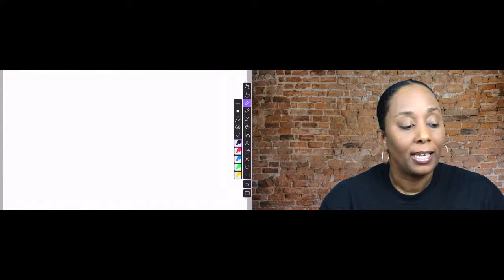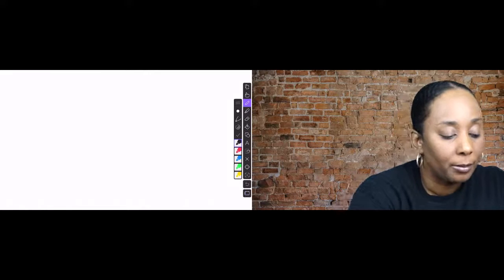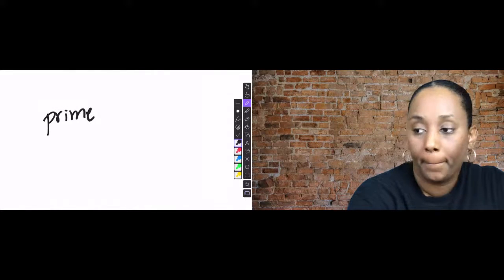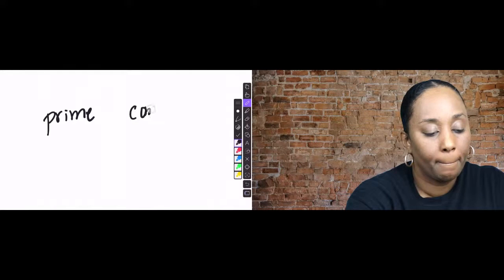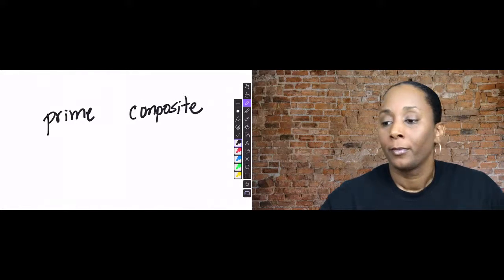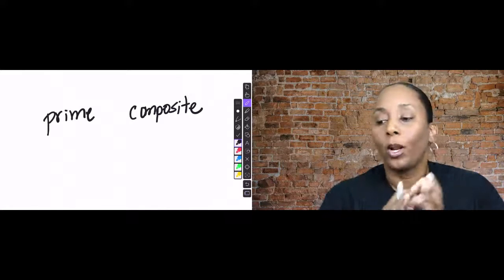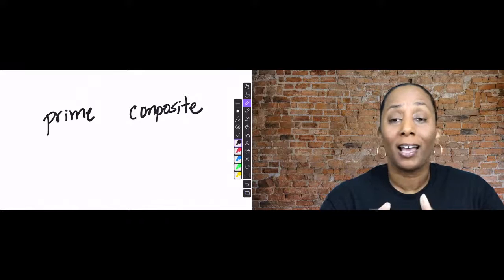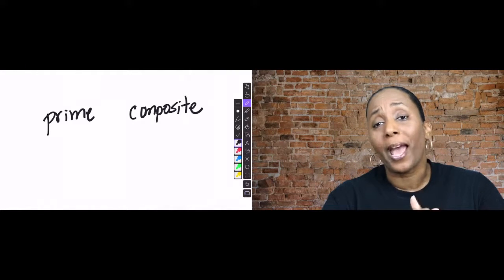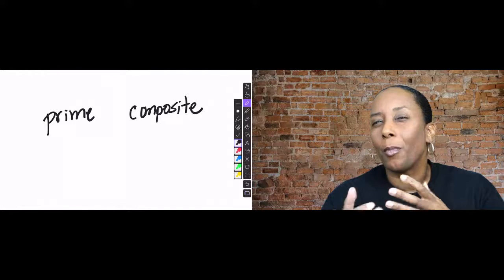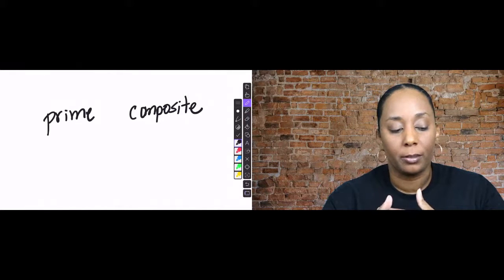Another one is prime and composite. When I say the students get confused with them all the time, it goes back to what their multiplication deficit is.